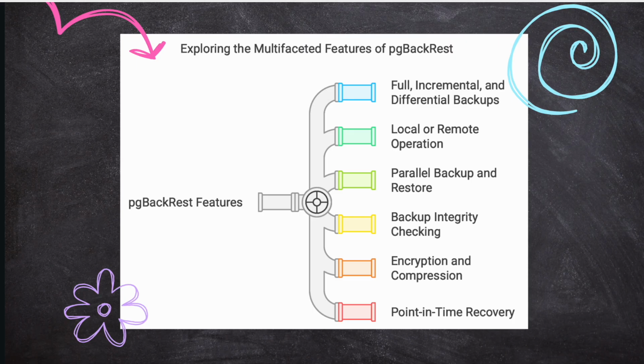For example, the recommendation is that you maintain the backrest server as a dedicated server. Don't combine your backup and database on the same machine, because if any catastrophic issue happens on your database server, you may not be able to recover the data because your backrest also resides on the same machine.